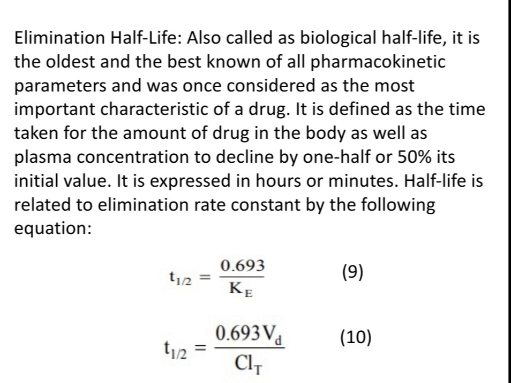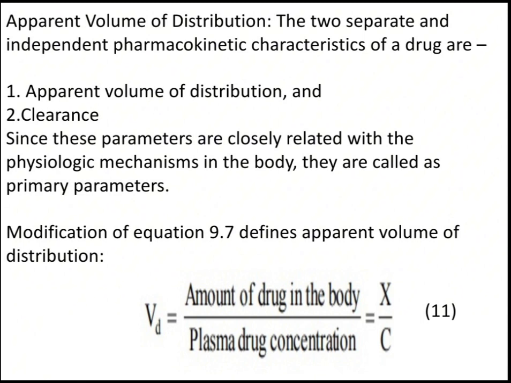It is expressed in hours or minutes. Half-life is related to elimination rate constant by the following equation. t1/2 = 0.693/Ke, equation 9. t1/2 = 0.693 Vd/Cl, equation 10.